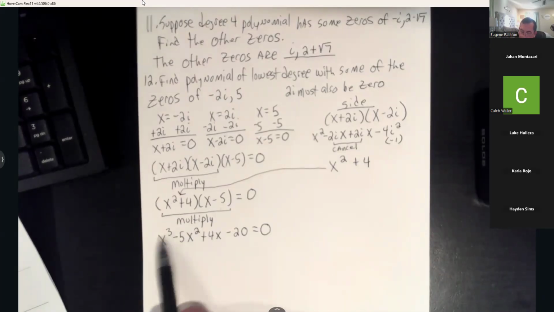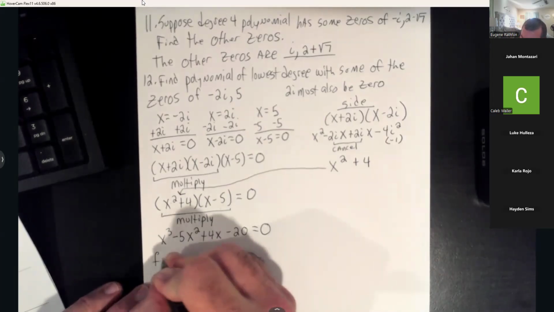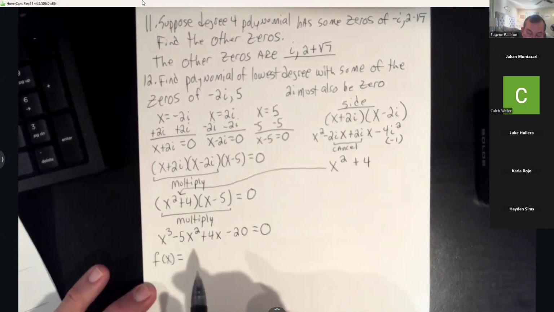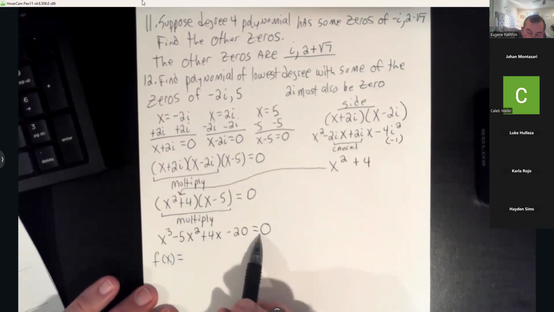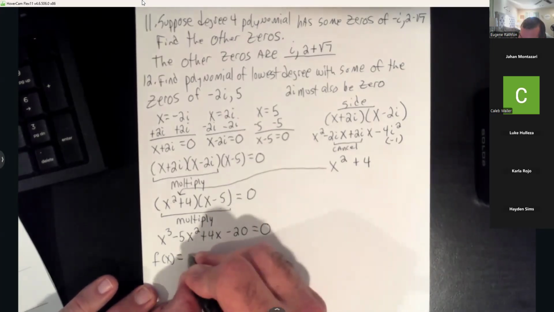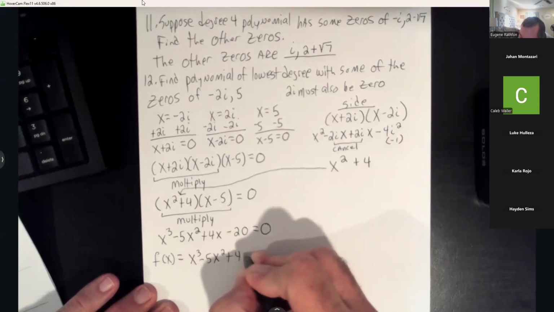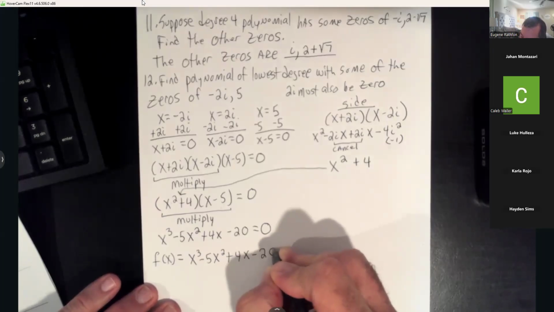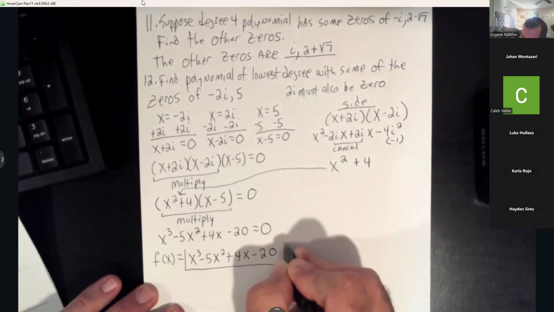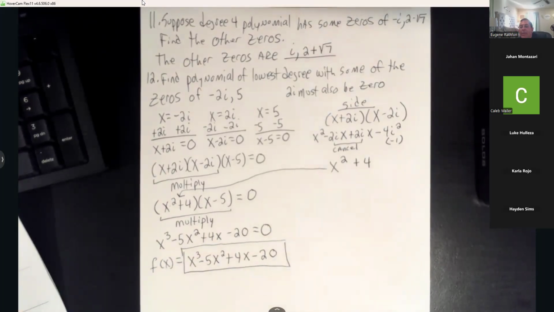I don't have any like terms. So in MyLab, they'll have the f of x equals, and you'll just put in this polynomial, x cubed minus 5x squared plus 4x minus 20. All right, y'all will be happy to know that that's the last one where I had to do all that foiling, okay?